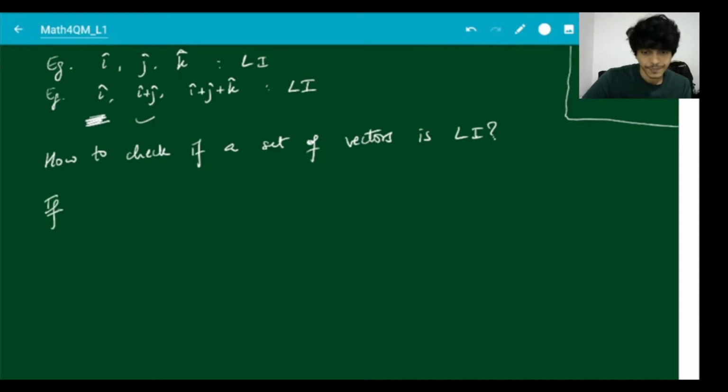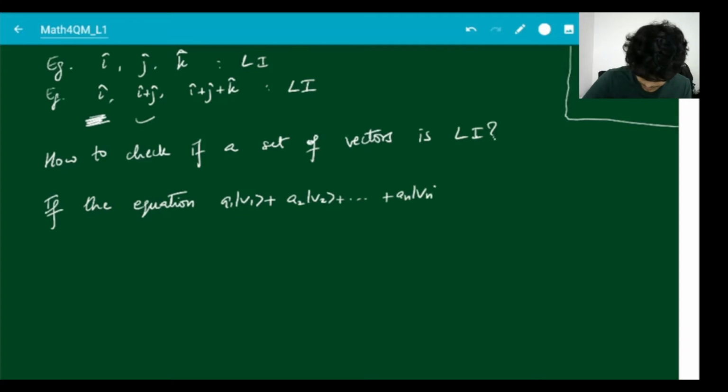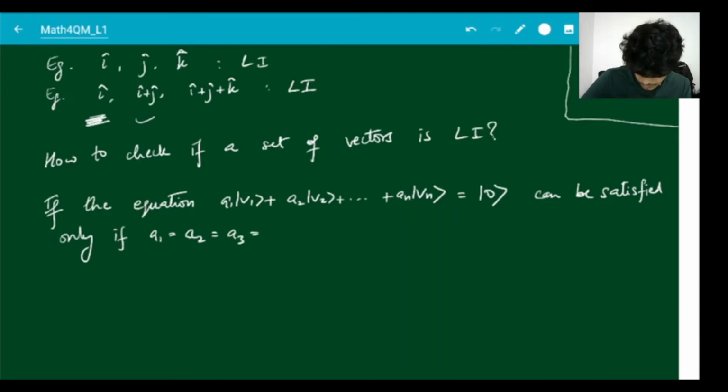You see that if the equation a1 v1 plus a2 v2 plus ... plus an vn equals 0, if this equation implies that all these scalars ai have to be 0, or rather, if this equation can be satisfied only if all these are 0, then the vectors are linearly independent.